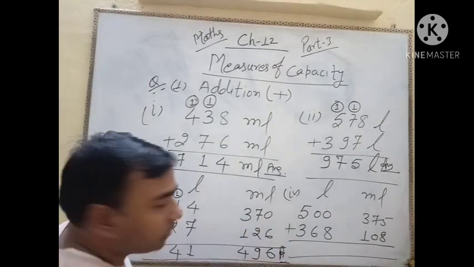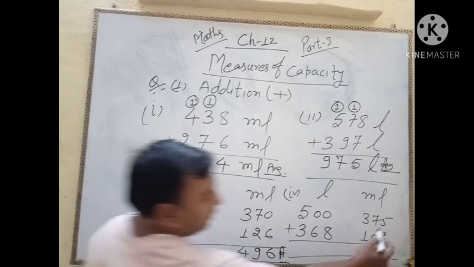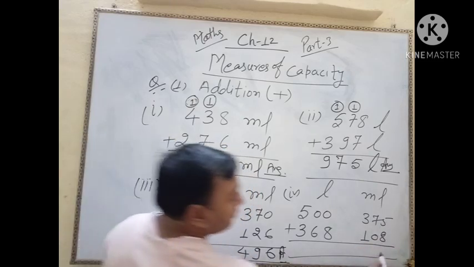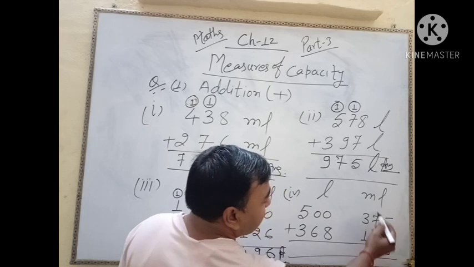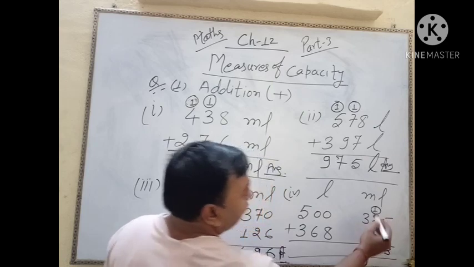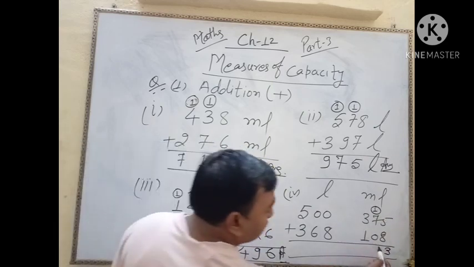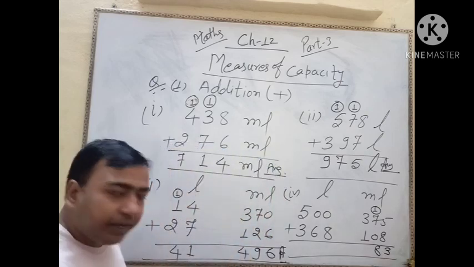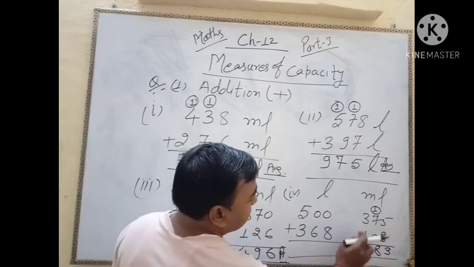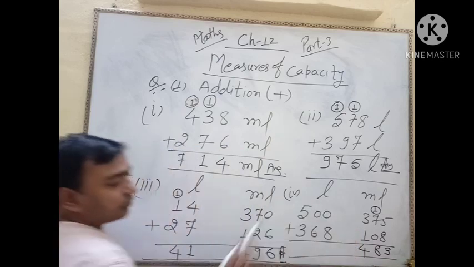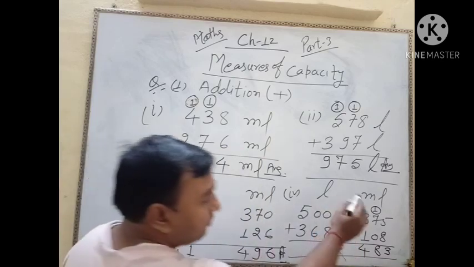Now come to question number 4. 5 plus 8 equal to 13. We will write only 3. Carry 1. 1 plus 7, 8. 8 plus 0 equal to 8. 3 plus 1 equal to 4. Okay. Completed in milliliter side.